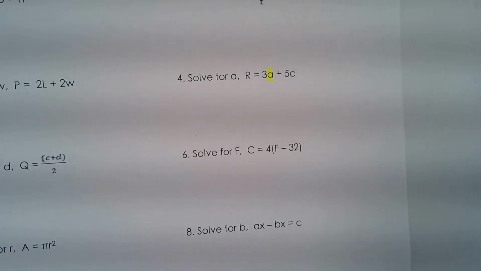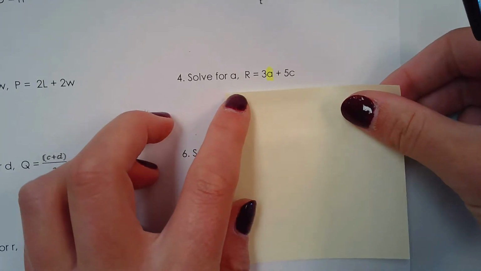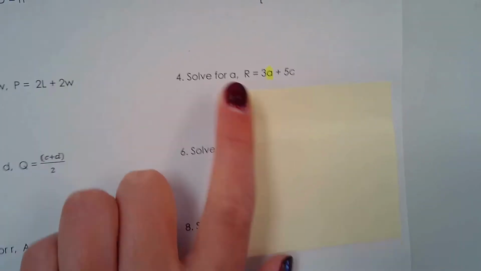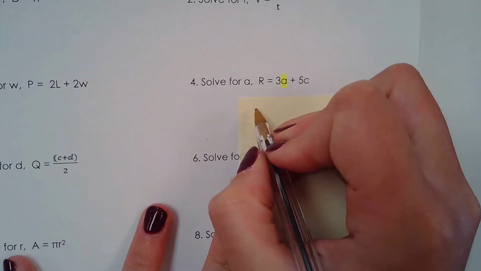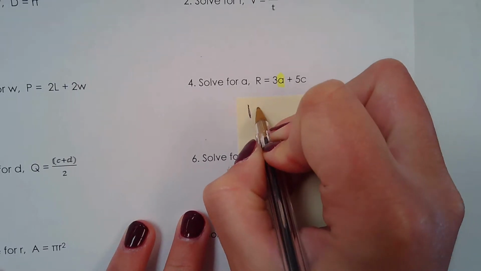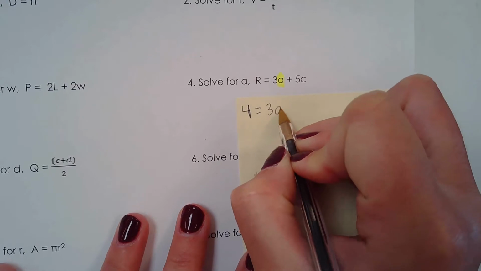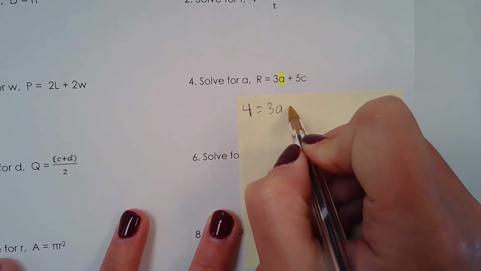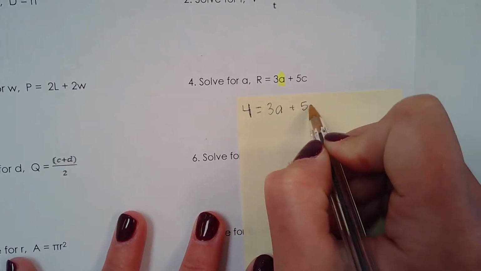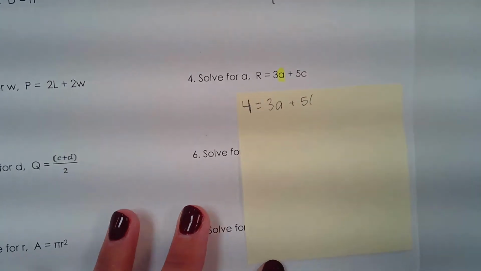All right, let's pick some numbers, any numbers. What do you want to put in place of b? 4. Okay, then we have 3a. We'll leave that because we want to solve for a. Then you have plus 5c, so what could we put in place of c? 2.